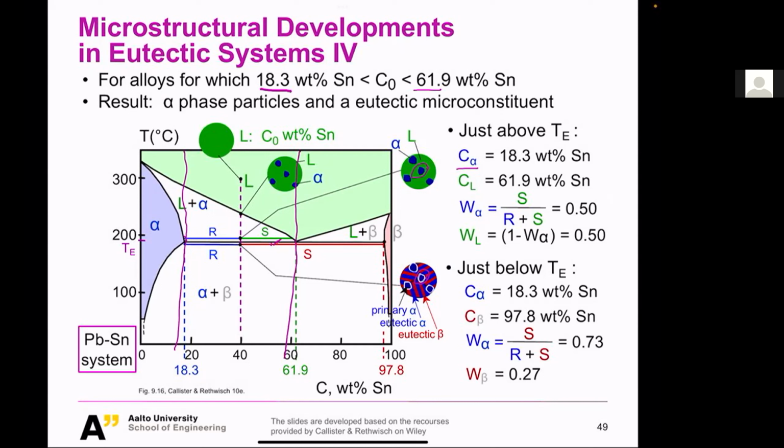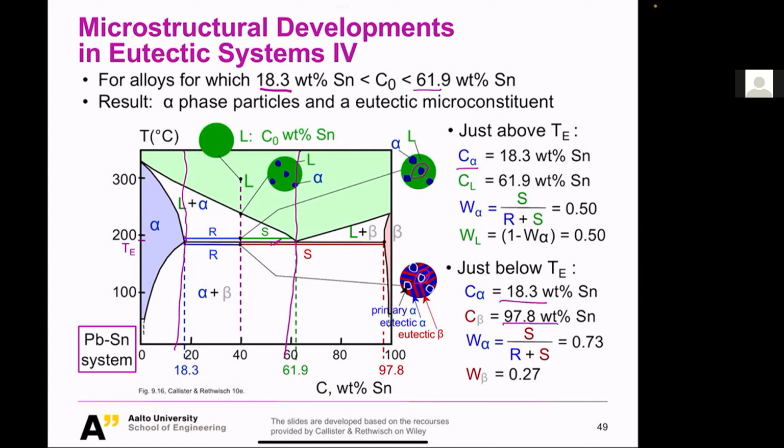So this is a very interesting point for this microstructure, for this kind of composition, between 18.3% and 61.9%. And the alpha and beta consumption will be different at this point. So your alpha is still 18.3%, but your beta is becoming 97.8% of tin inside.